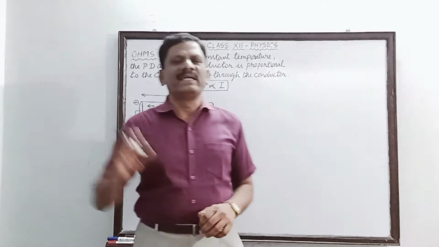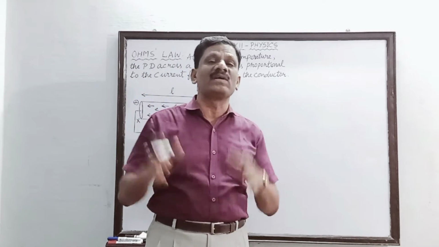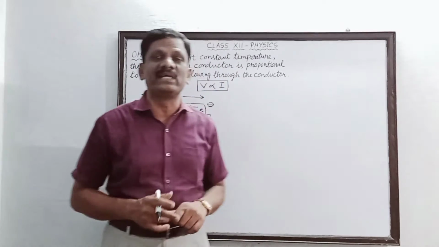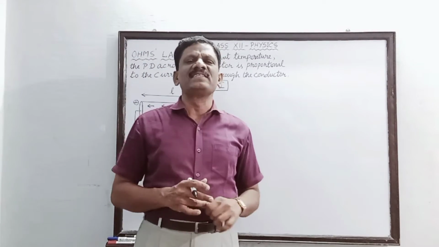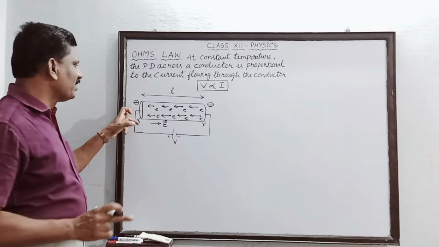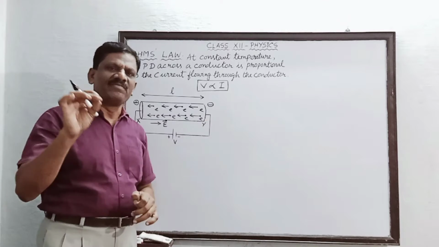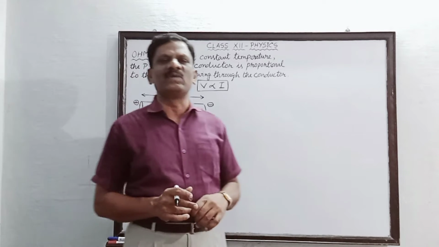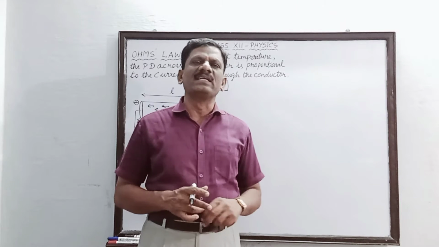But right since the invention of electric current by conventional method, it was assumed that positive charges only are flowing through a conductor. So by convention, the flow of positive charges must take place from the positive potential towards the negative potential, and such a flow of positive charges is called conventional current.